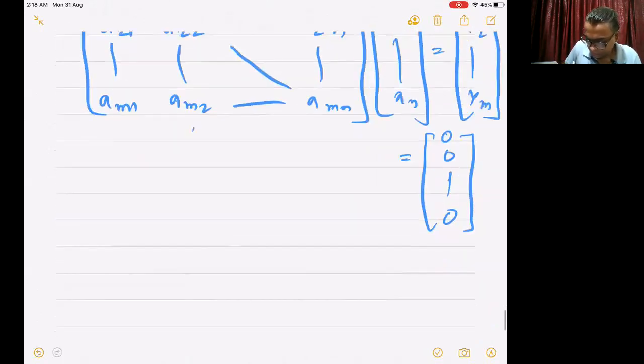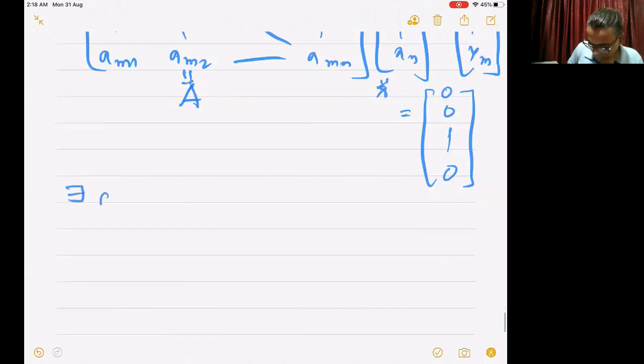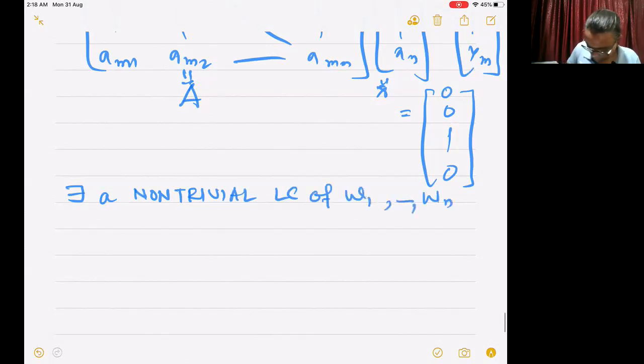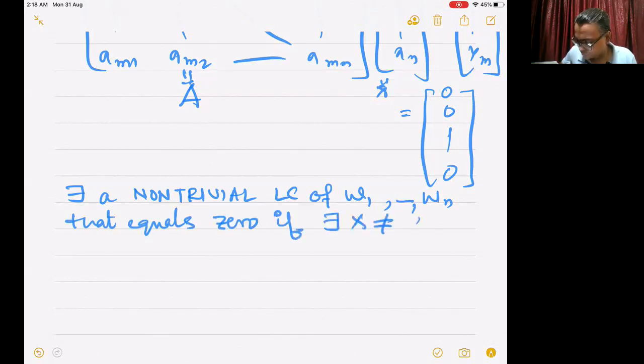this matrix is, let me define it as A, and this is X, of course. So there exists a non-trivial linear combination of W1 up to Wn that equals 0 if there exists x not equal to 0, a non-zero vector in Fn such that Ax equal to 0.